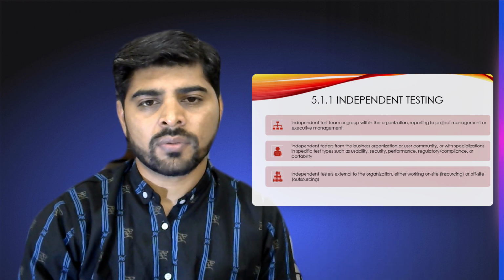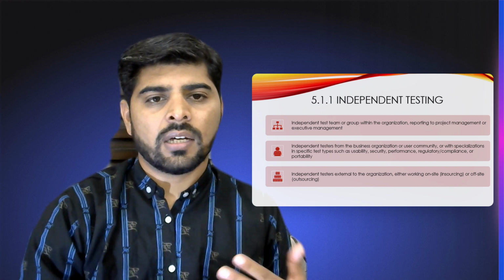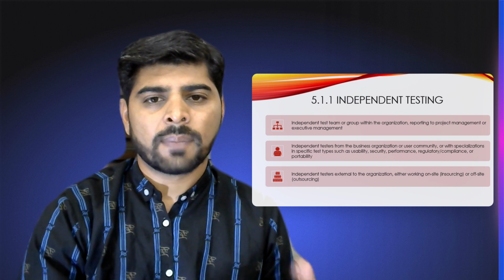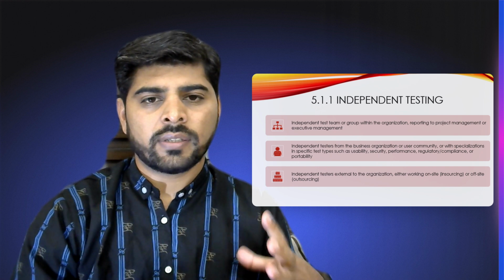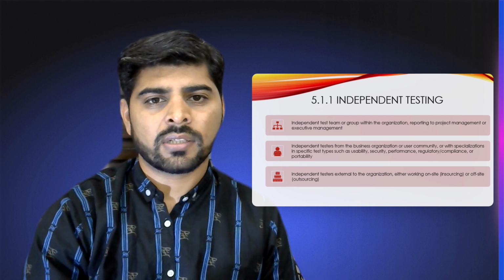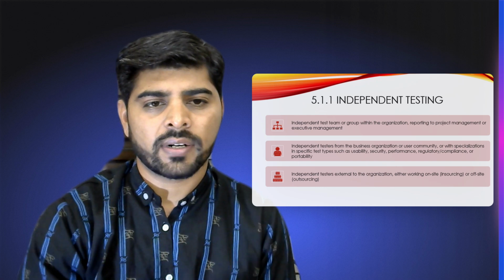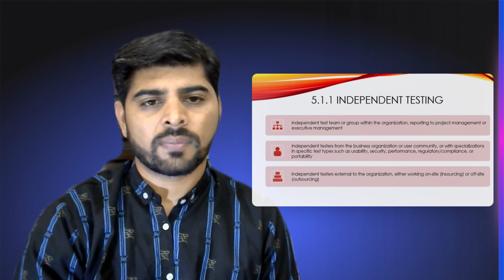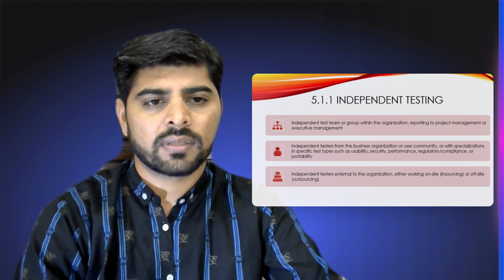They can be user experts in the field, for example performance testers, usability testers, compliance people, and so on. The other level could be independent testers from a third-party organization testing our product. They have a contract with us, so they are testing our product. They can be in-house and offshore teams.